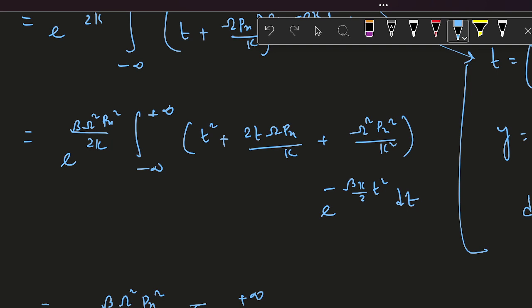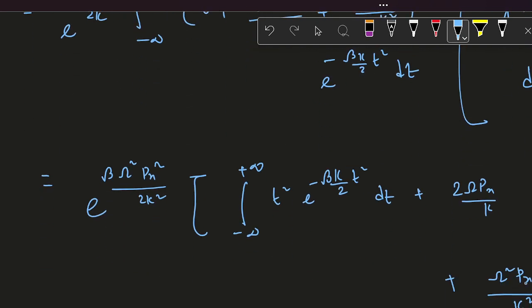So this is t squared into e to the power minus beta k by 2 t squared dt, then plus 2 omega px by k, then minus to plus infinity t e to the power of minus beta k by 2 t squared dt, plus omega squared px squared by k squared, minus to plus infinity e to the power minus beta k by 2 t squared dt. So you have three terms.